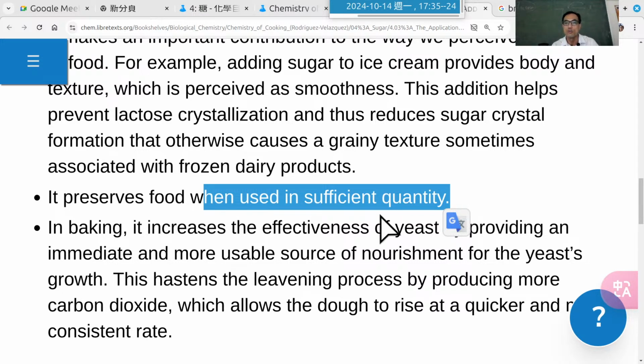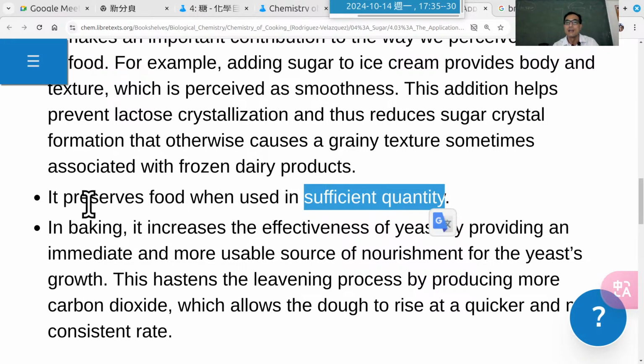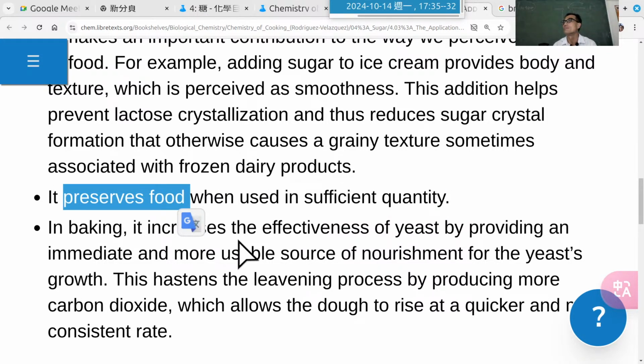Why does adding sufficient sugar preserve food? It's a very old biotechnology, maybe thousands of years, okay. Why does adding sufficient sugar preserve food?